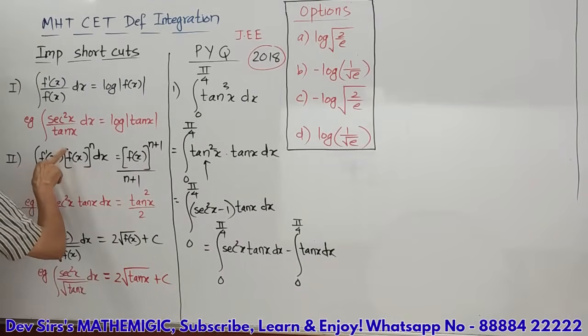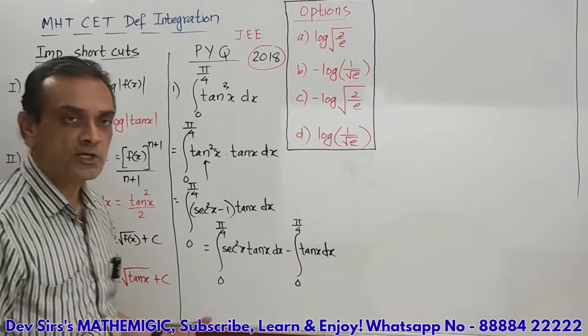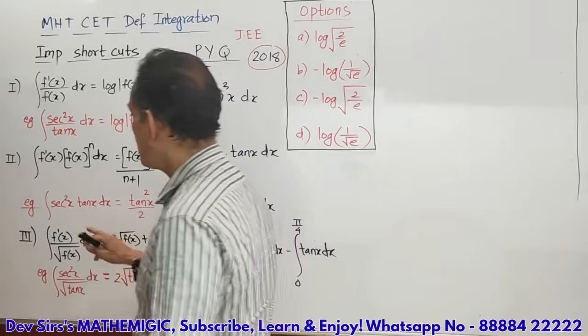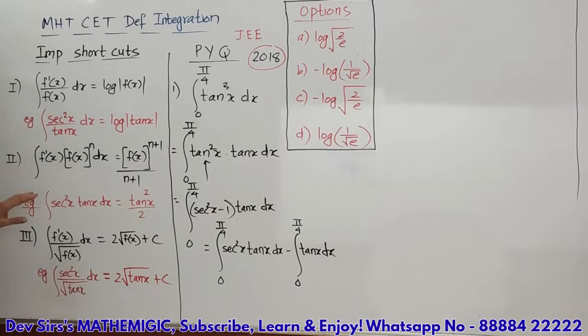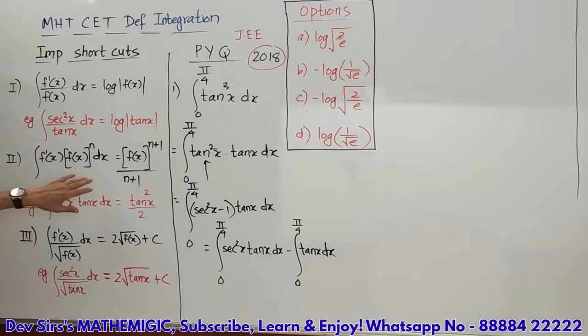Then f dash x into fx raised to n. Again a combination of f dash x and fx. हर एक में combination है, f dash x upon fx, f dash x fx. Now here it is f dash x into fx. This formula we have not used for board, but let's see how to use that over here.